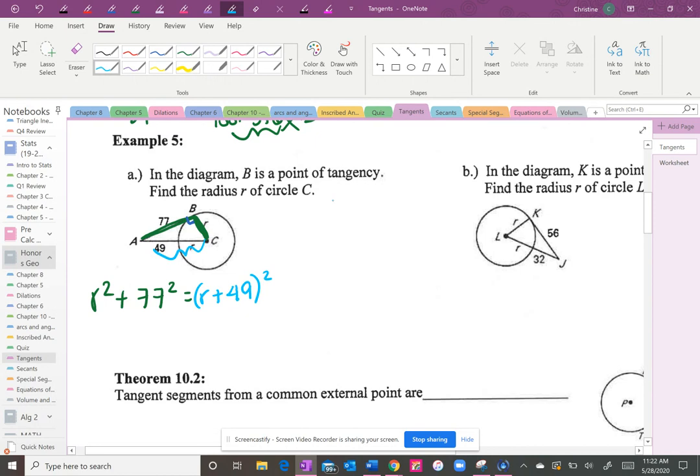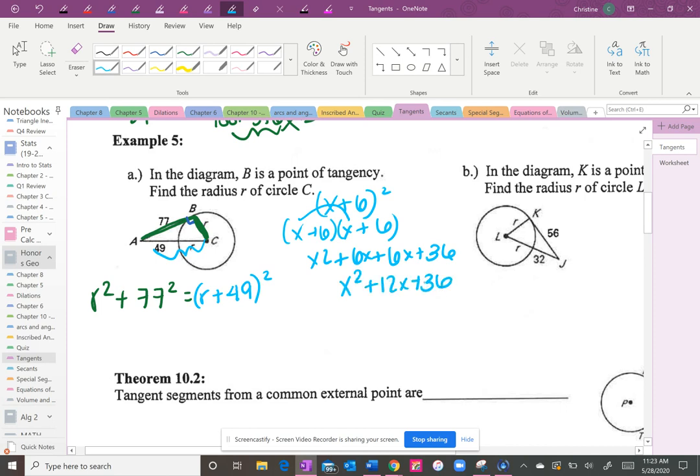In Algebra 1, you should have learned this rule where it said, like, we'll use x plus 6 squared. That is not equal to x squared plus 36. Remember, it's technically x plus 6 times x plus 6, and you are distributing. So x squared plus 6x plus 6x plus 36, or x squared plus 12x plus 36.